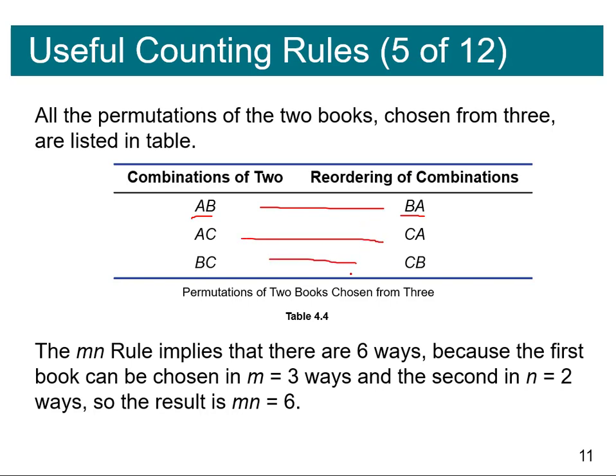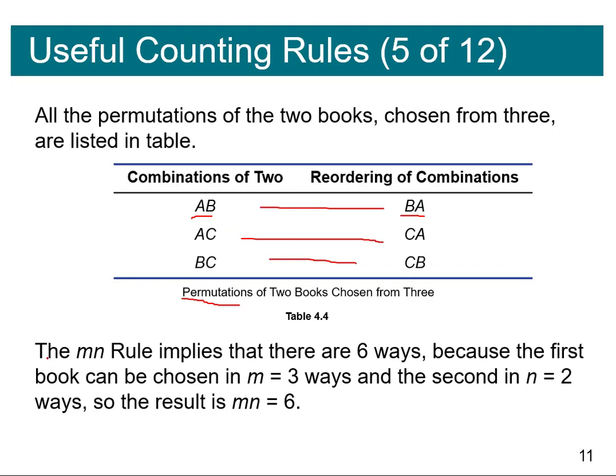So we have 6 possible orderings of the 3 books when we take just 2 of them. That's called, by the way, 6 different permutations. All right, let's keep going.